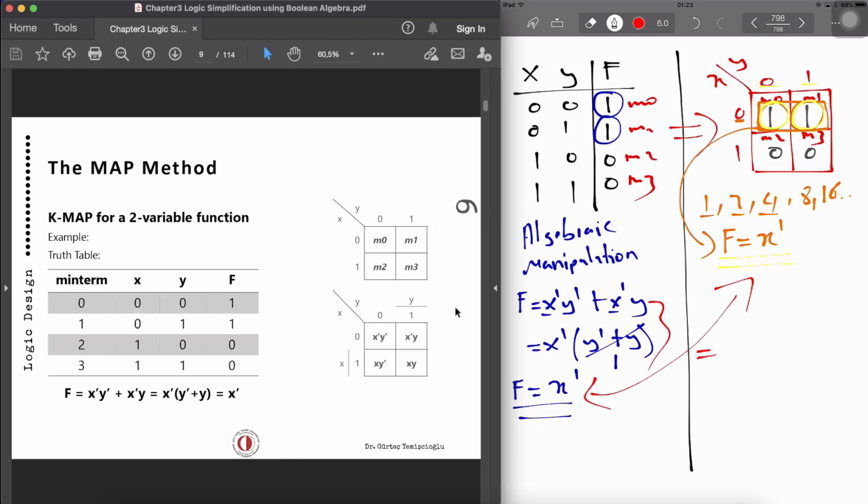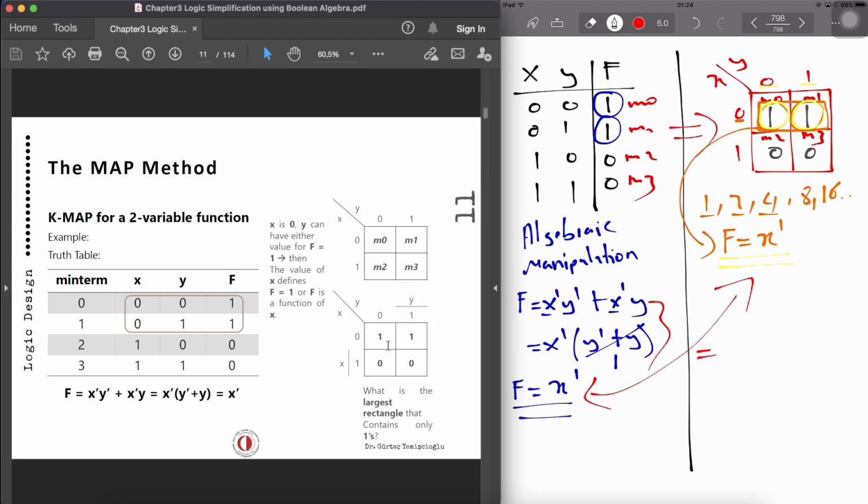Okay, so the same example over here, x prime is the expression by using algebraic manipulation. Then we translate that into the K-map like we have done over here. What is the largest rectangle that contains only ones? We always go for the maximum possible combination. You can combine them individually, but that's not going to give you a smaller circuitry or smaller expression. So we always go for the largest possible combination.